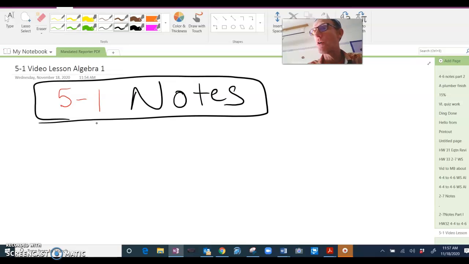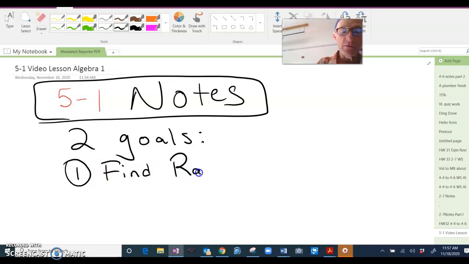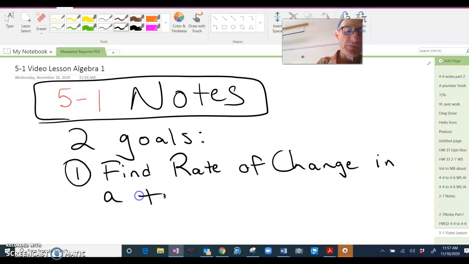And there are two goals. One is to find the rate of change in a table.